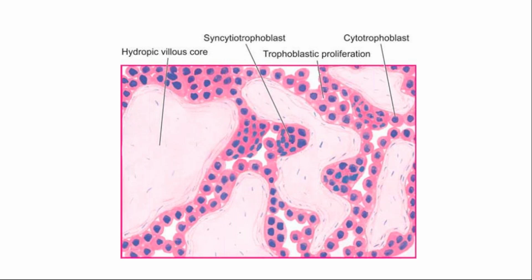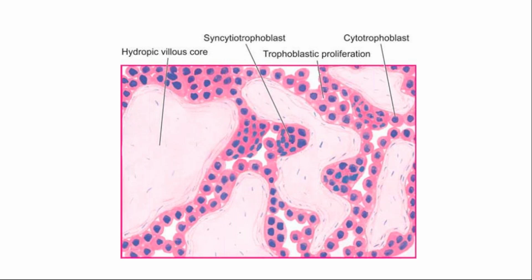The central pale one is the hydropic villus core, and the multinucleated one is the syncytial trophoblast, and the single one is the trophoblastic proliferation you are seeing on the top. A syncytial trophoblast is a multinucleated cell, a cytotrophoblast is a single nucleated cell. That's how you differentiate a syncytial trophoblast and the cytotrophoblast. So take a screenshot of it and draw it in your records.